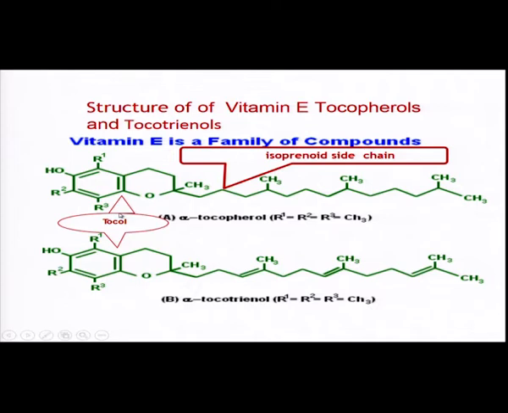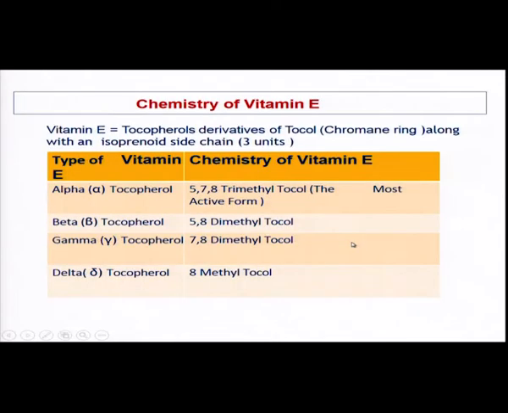R1, R2, R3 show that you could have different varieties of methyl groups. If all these are methyl groups, you consider them to be alpha tocopherol. And the side chain, as you see over there, is an isoprenoid unit, and the isoprenoid unit gives you the lengthy tail-like appearance in the vitamin E structure.